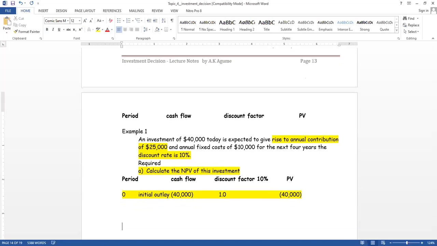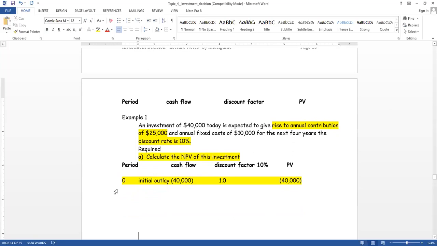Then I go and look at the returns now. I have annual contribution, from period 1 to period 4. Since the cash flow stream is uniform, I will use annuity.